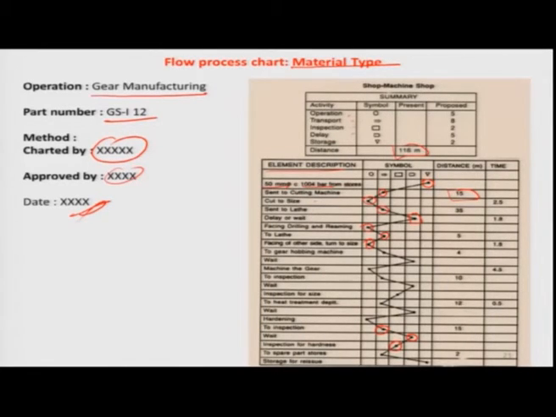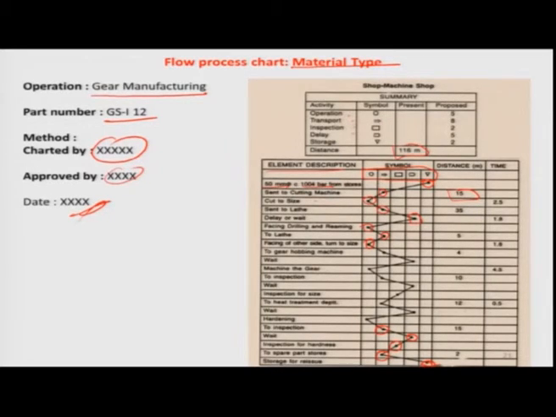Okay. To spare part stores, that is transportation, and storage for reuse. Either for reuse or for selling. So, this is the material type flow process chart. Here you can see you have taken all the symbols to make a chart for gear manufacturing. Okay.